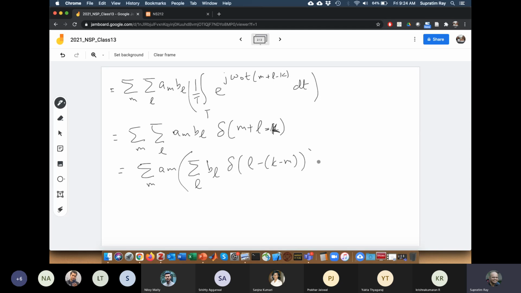Now, if you look at this summation, the delta function is always 0 unless l is equal to k minus m. For all other values of l, it is 0.